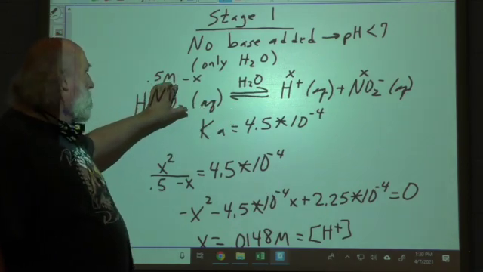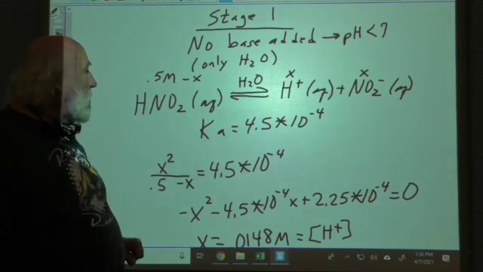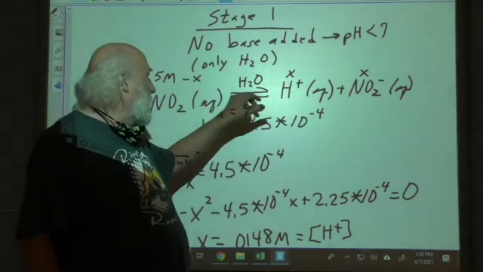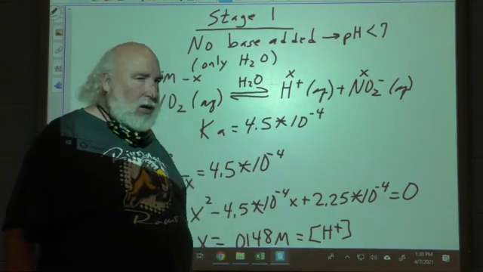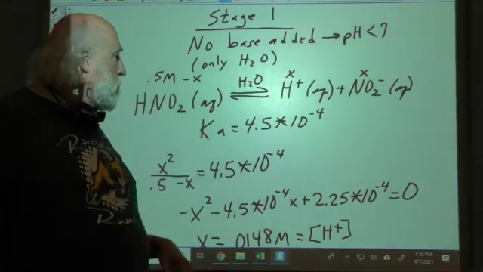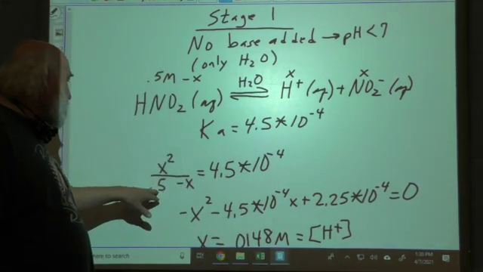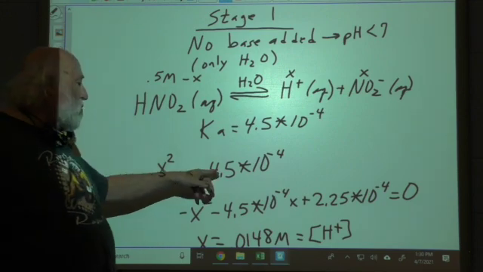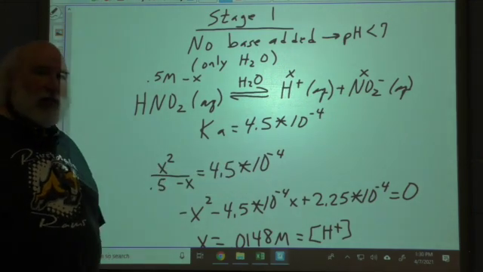We have 0.5 moles per liter as the concentration of the weak acid. I'm going to lose X here, gain X here, gain X here. So that's our mini ICE. That gives us X squared over 0.5 minus X equals 4.5 times 10 to the negative 4.